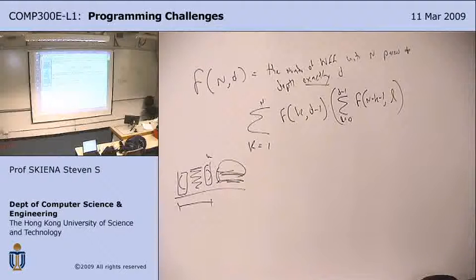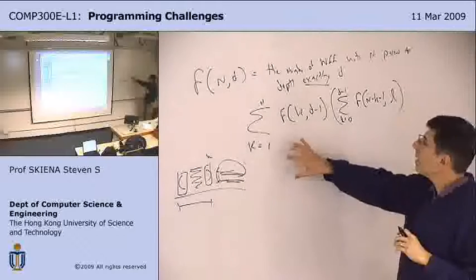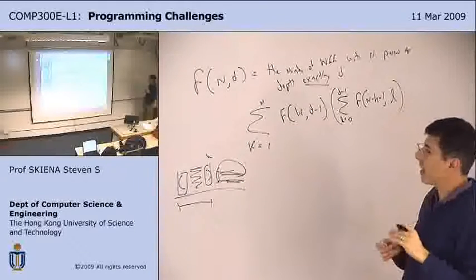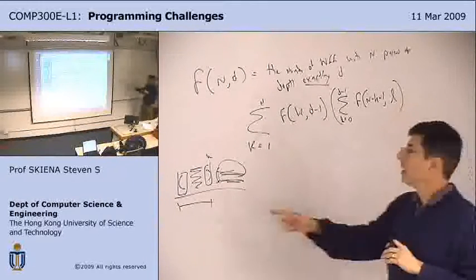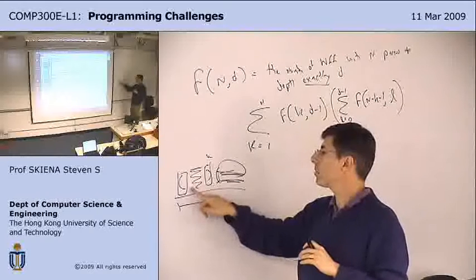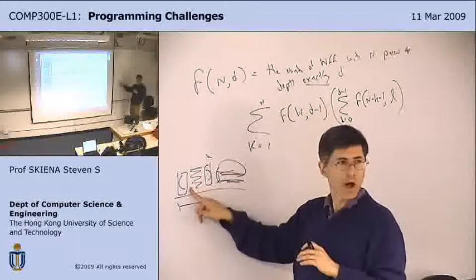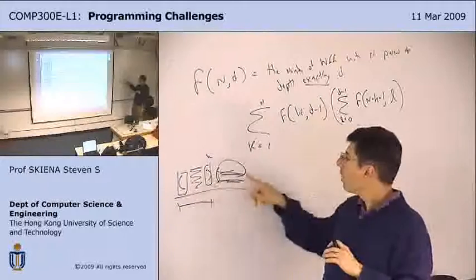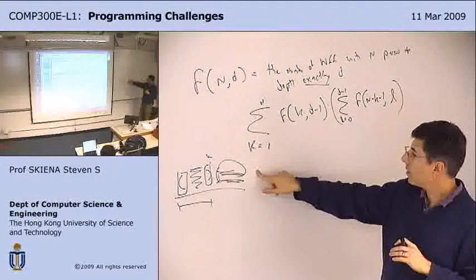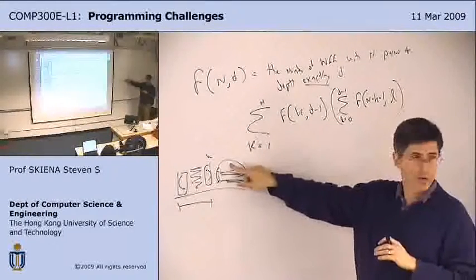How many people follow this idea? Any questions about what the idea here is? Whether it's right or not, we'll have to decide. But the argument here is that for any parenthesization of depth D, what's in here is going to be 1 less, and what's in here is going to be unchanged.